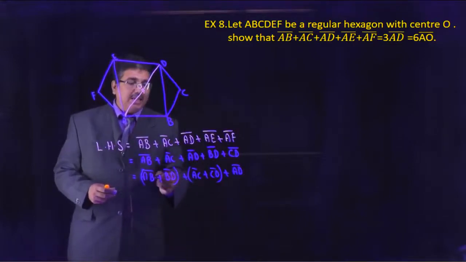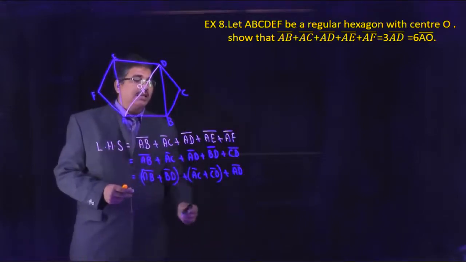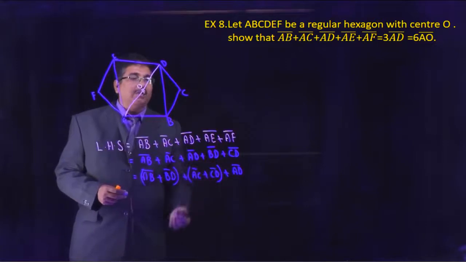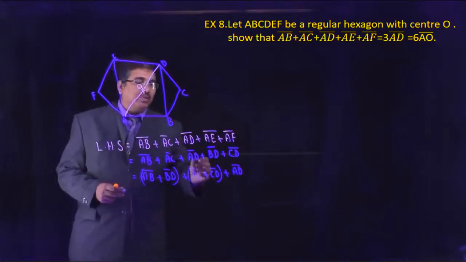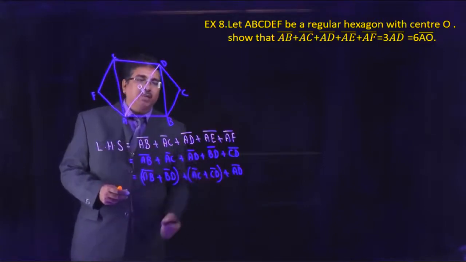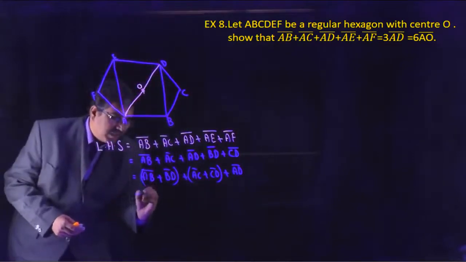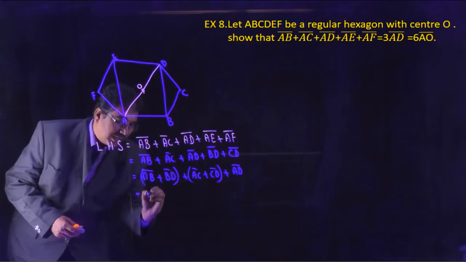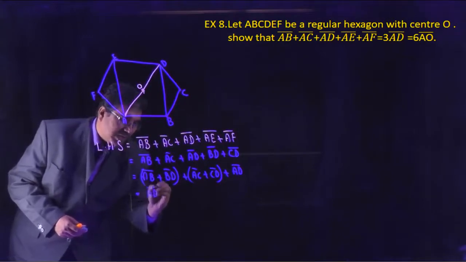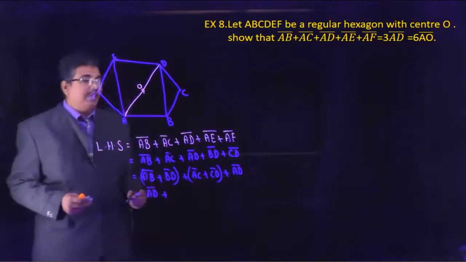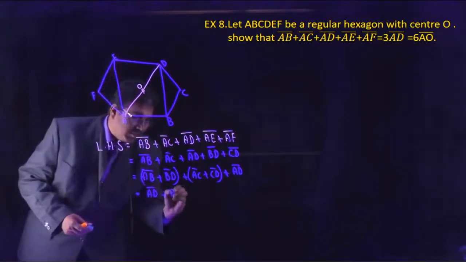Now adding these two vectors, similarly C is the terminal point of one vector and the initial point of another vector, so these two vectors can also be added. AB bar plus BD bar is equal to AD bar, and AC bar plus CD bar is equal to AD bar.